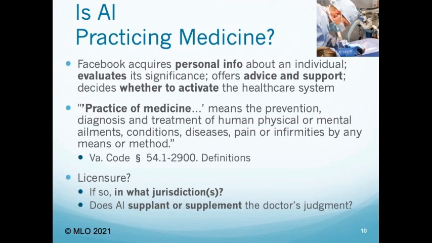Now, Facebook acquires personal information about an individual by simply reading what that individual chooses to post about himself or about others. Then it evaluates the significance of that information. It offers advice and support, and it even decides whether to activate the healthcare system. Could that be construed as the practice of medicine?